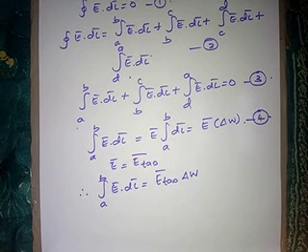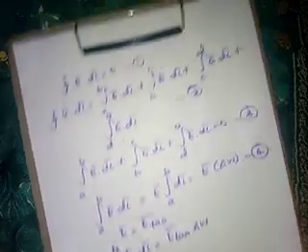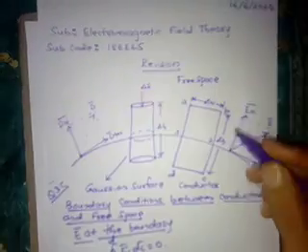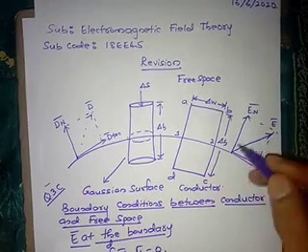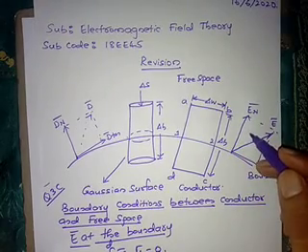Next, what about the B to C portion? For the B to C portion, let us write the equation. B to C is the normal component, right? So E bar will be equal to En bar, that is the normal component along this direction.